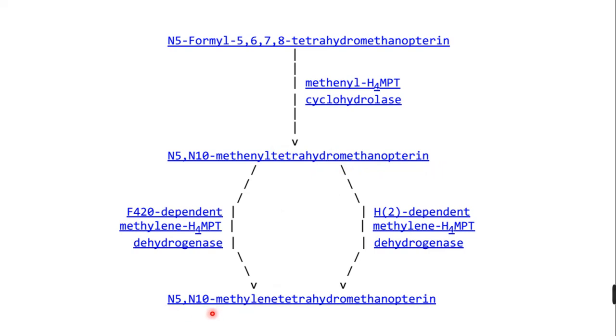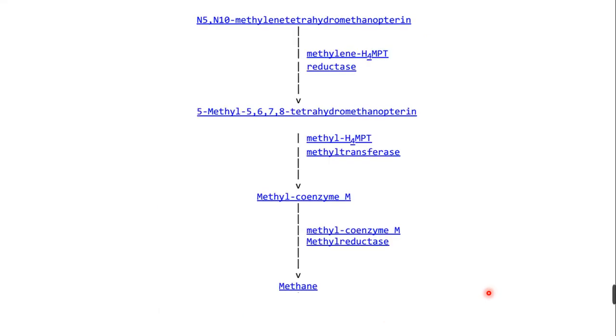This will subsequently form N5,N10-methylene-tetrahydromethanopterin, and further this will form methyl coenzyme M, and finally methane. So this is a very complex metabolic pathway involved in the formation of methane, and this methane is the end product, and it is highly flammable and can also be used for further uses.